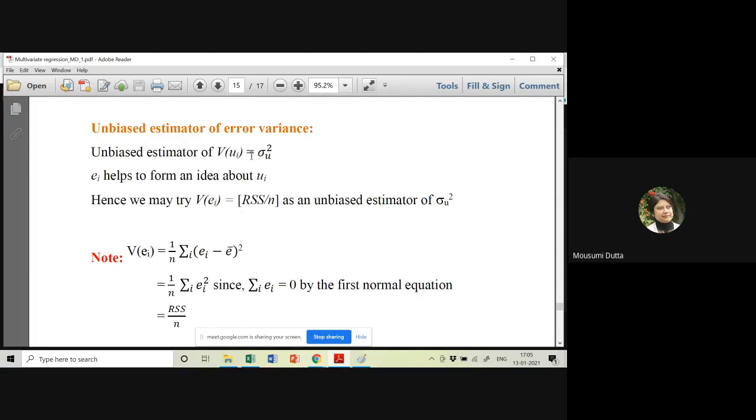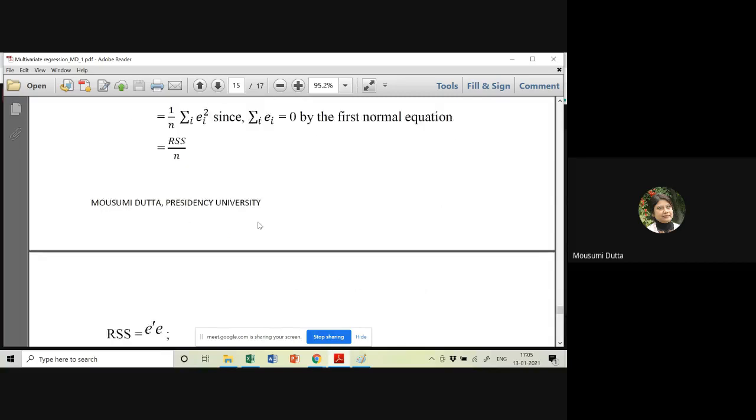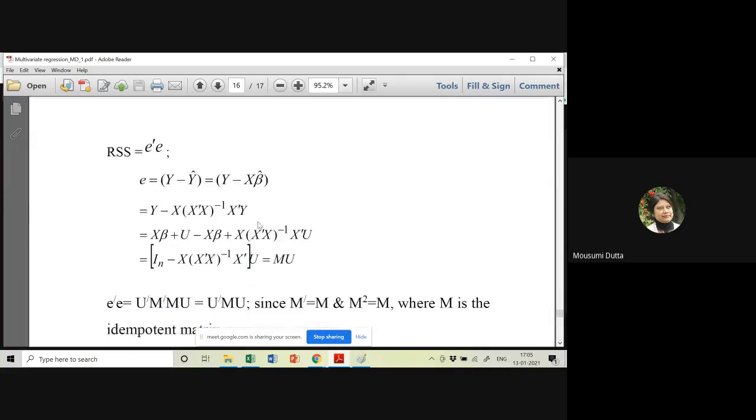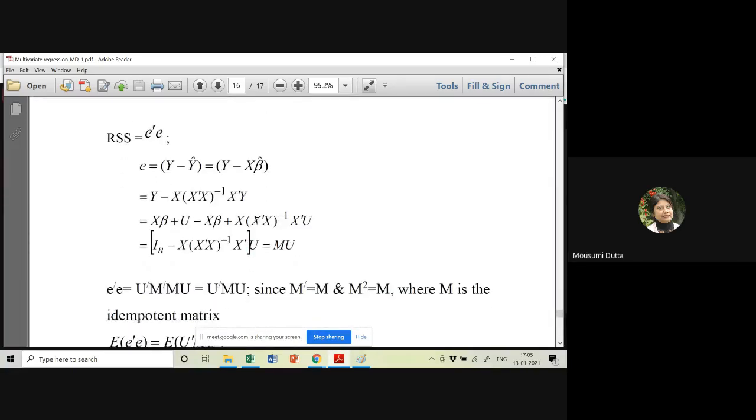So we may start with this RSS by n concept. Once again I'm coming to the concept of RSS. RSS is equal to E transpose E. Now E is yi minus yi hat, or E is equivalent to y minus x beta hat. Now beta hat is equal to x prime x inverse x prime y. So E can be presented as y minus x, x prime x inverse x prime y.